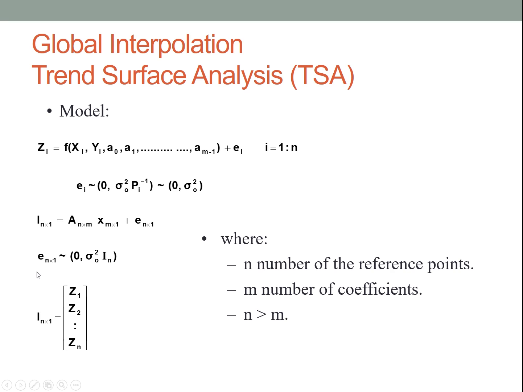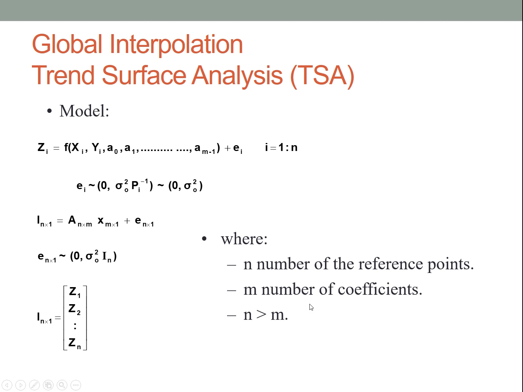We'll calculate that later. Now this might be an R, it might be a B, I don't know, maybe this is a B. I can't remember what SAM-A teaches, but these are the terms that I use in 3D modeling and how I learned them. So if you're seeing a little bit of difference in variables, that's all it is, just how we've learned them differently. So L is my observed Z values. We have M, which is the number of coefficients, and N, which is the number of reference points.